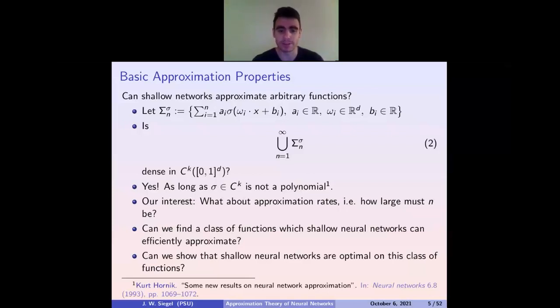So that's the roadmap: let's find a class of functions that shallow neural networks can approximate efficiently, then determine how well they do on that class of functions, and then show that they're optimal in some sense. Those are the questions we're going to ask.